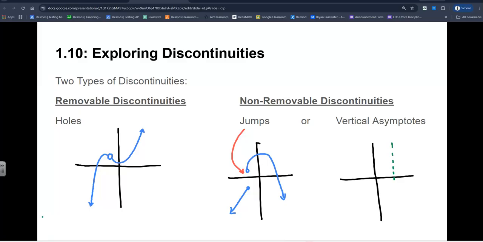This vertical line is not part of our graph, but the graph is the blue line, and it might do something like this, or it could do like this, or it might do both. But you have your y values approaching positive or negative infinity as you get closer and closer and closer to that x value.